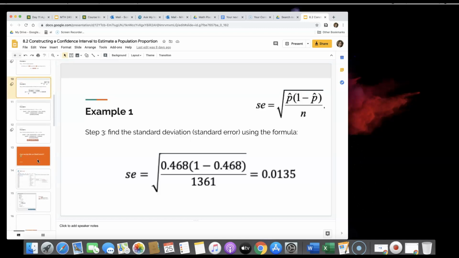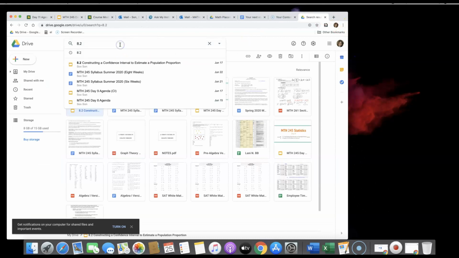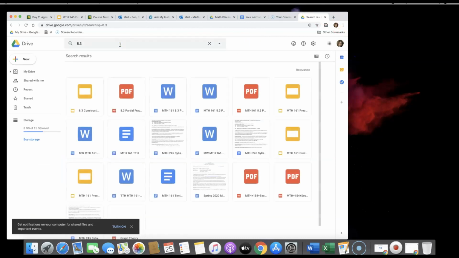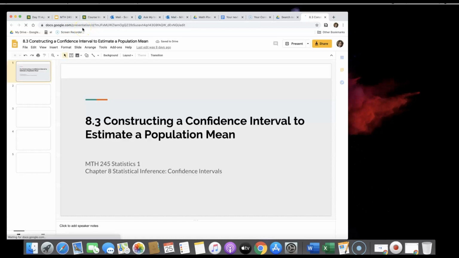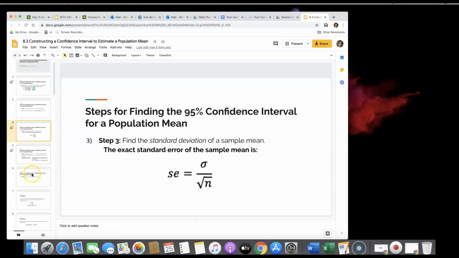That's for proportion. Oh, sorry. 8.2 was about confidence interval to estimate population proportion. We're going to need to go to 8.3. I forgot 8.1 was an introduction. So 8.3 is where you want to go to. And I will also send you the link to this Google slide so that you can look at the formula yourself. Let's scroll down a little bit. Here we go.